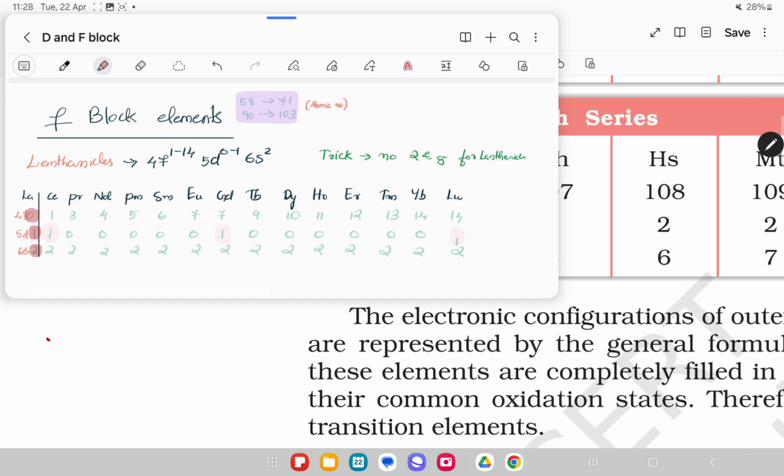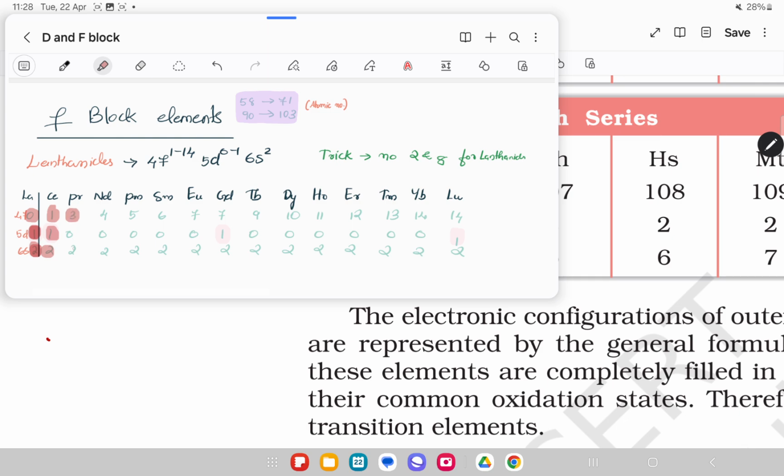Okay, 0 and 2, 0 1 2. Now since each element increases by atomic number 1, you know for sure that if here the sum is 3, here the sum should be 4. So 2 1 is already 3, so here it should be 4. Since here it is already 4, here it should be 5.